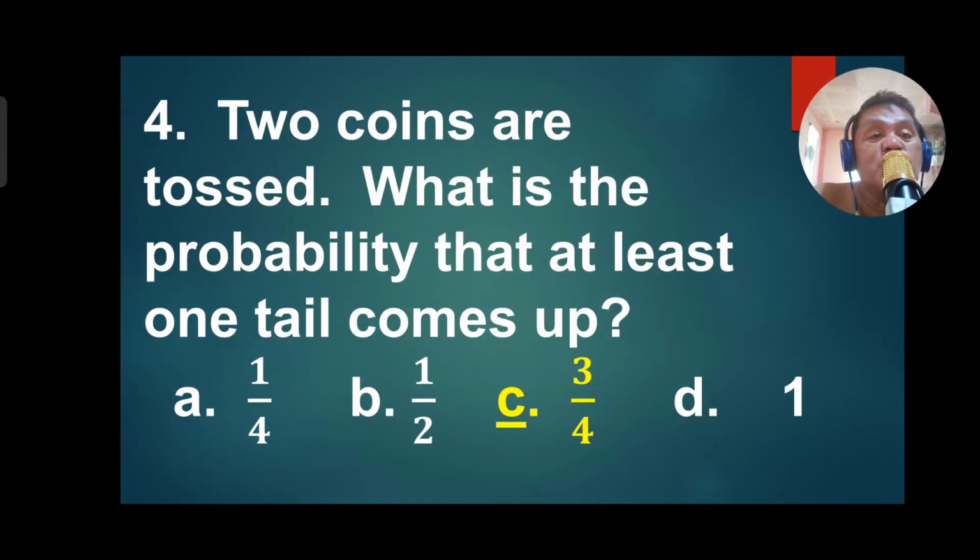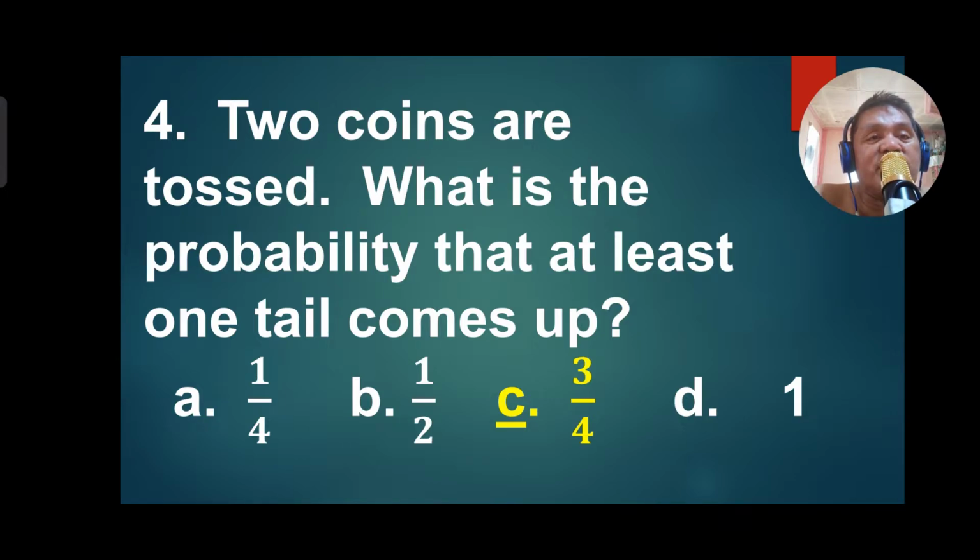Number 4. 2 coins are tossed. What is the probability that at least one tail comes up? So how many outcomes are in the sample space? We have 2 coins. One coin has 2 faces.